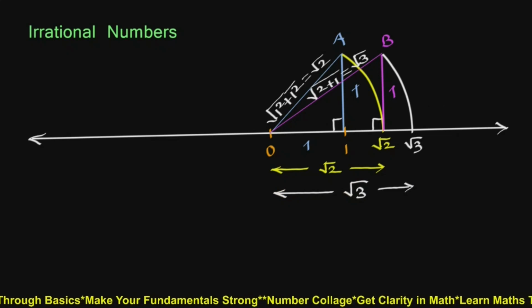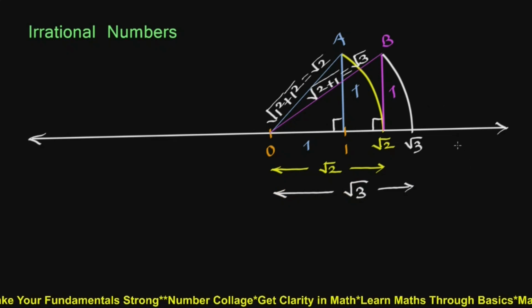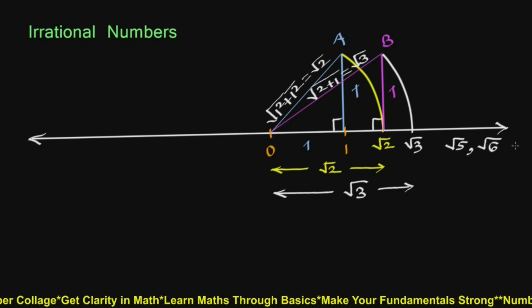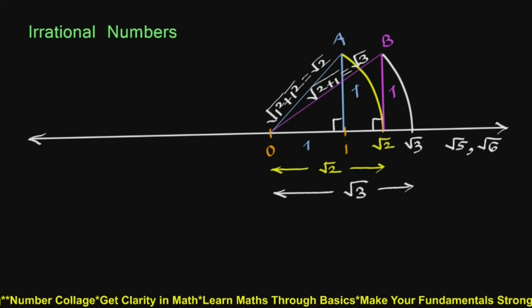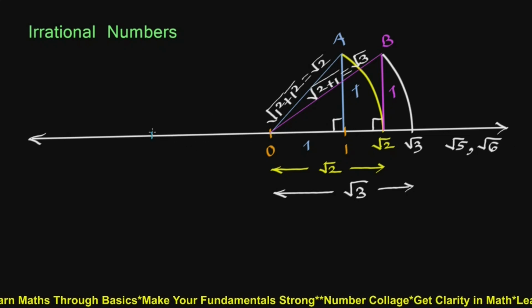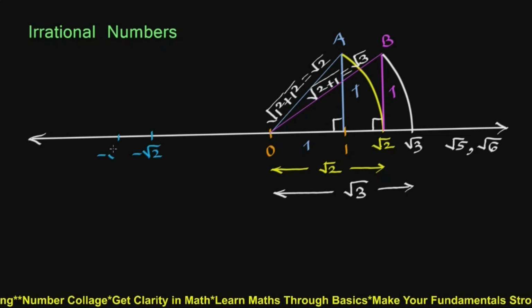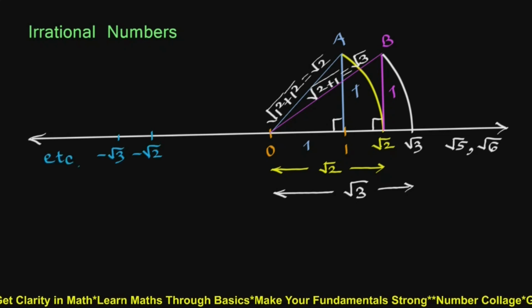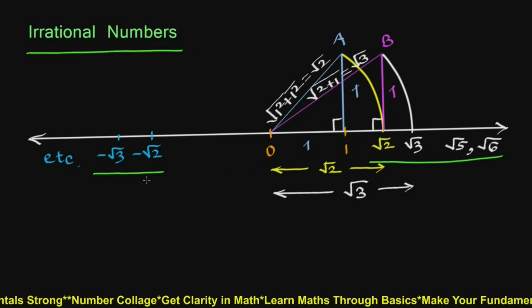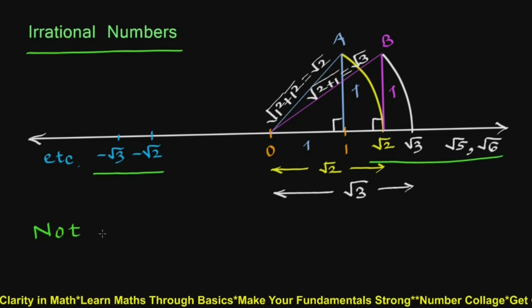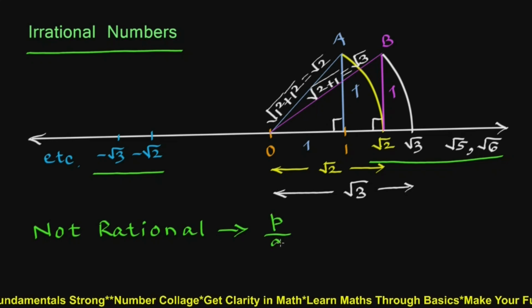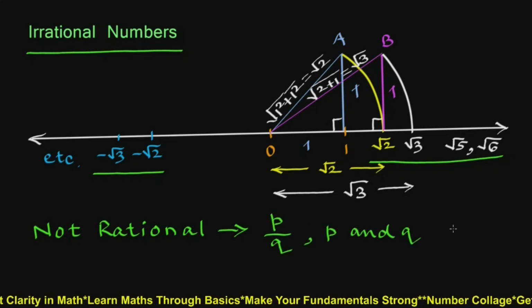We can continue with this process and plot root 5, root 6, etc. on this number line. On the left hand side of 0, using the same technique, we can plot minus root 2, minus root 3, etc. As we can see, all these numbers are irrational numbers because they are not rational, and hence can't be written in the form P upon Q, where P and Q are integers.